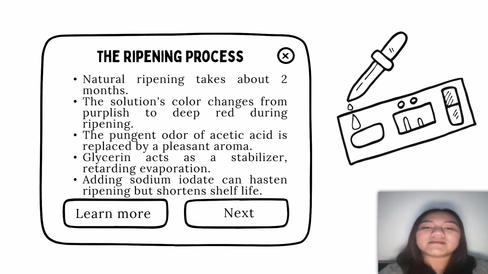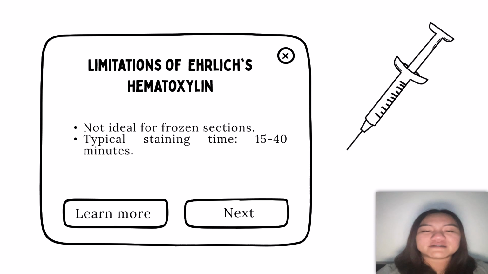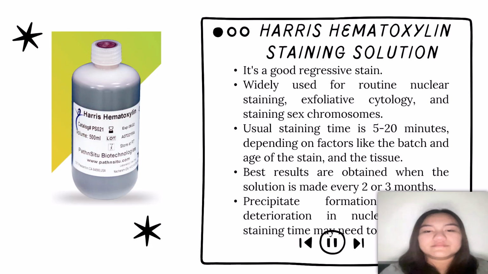We also add sodium iodate to hasten the ripening, but it shortens the shelf life. The limitation of Ehrlich hematoxylin is it is not ideal for frozen sections because the typical staining time of this is 15 to 40 minutes.